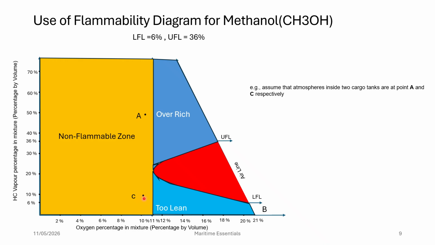So for tank 1 we have a hydrocarbon and oxygen mixture percentage over here, and for tank 2 another one over here.